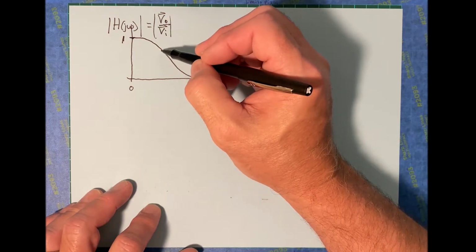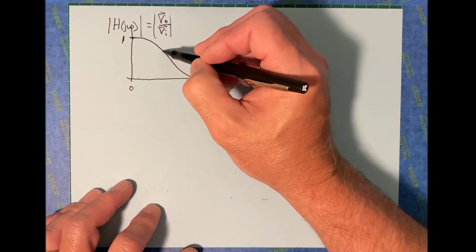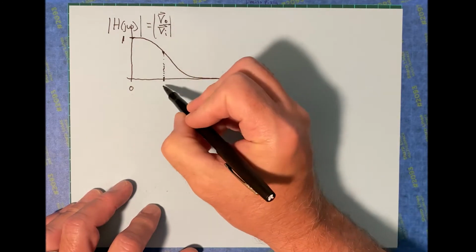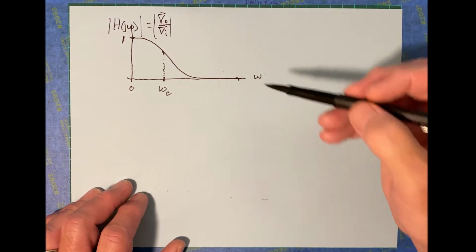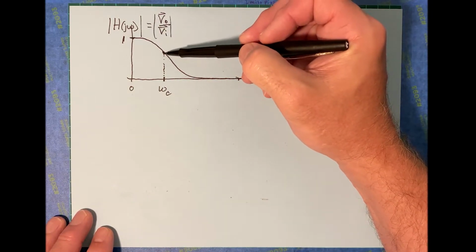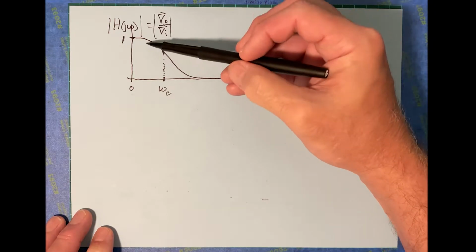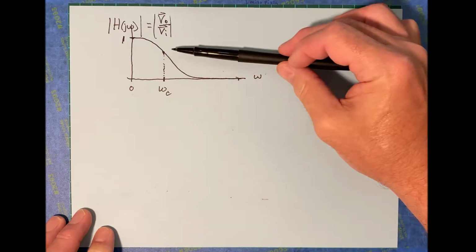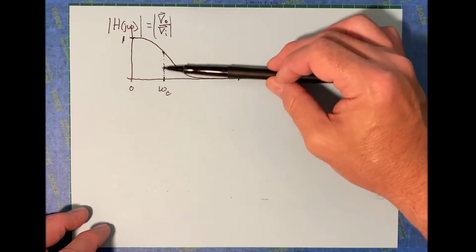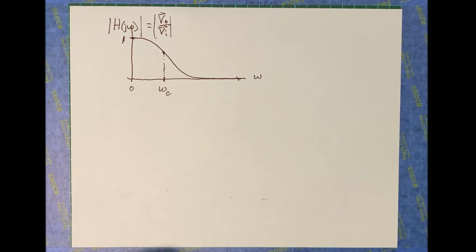Now there comes a point here somewhere where we'll say that that represents the cutoff frequency. In other words, the output response has become small enough that anything below that level means that the response is effectively not there. So we'll say that's our cutoff frequency.